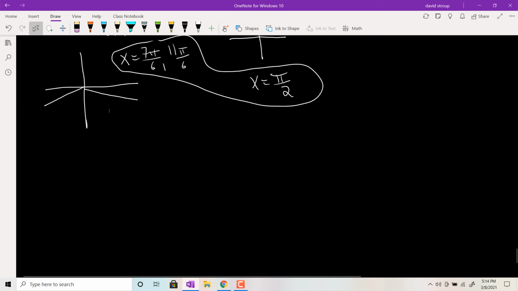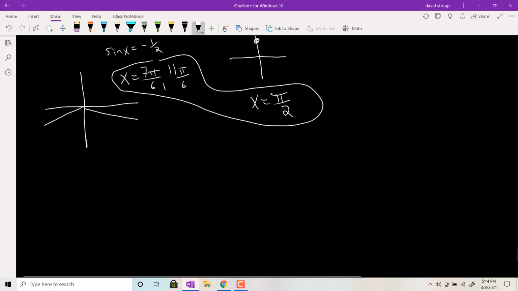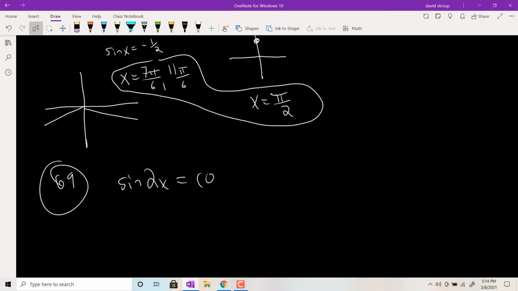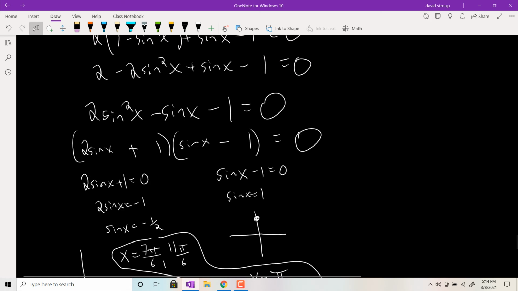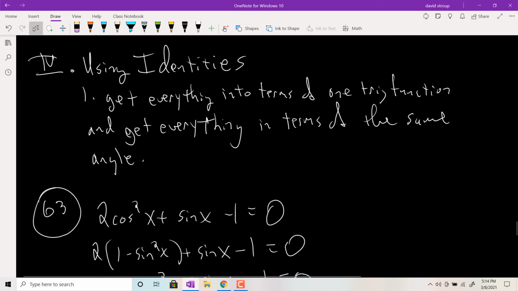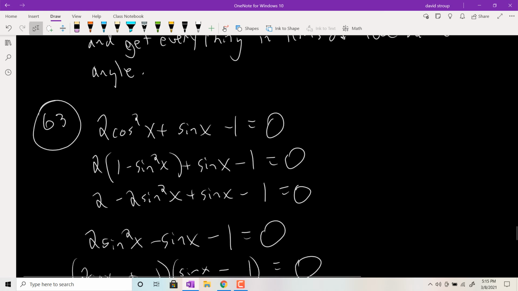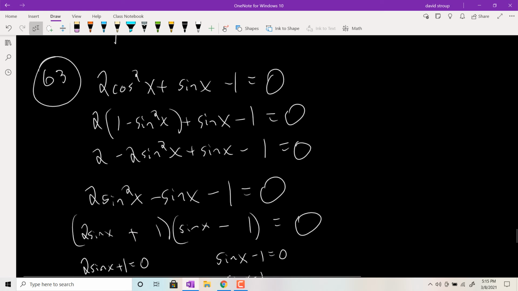Good. Let's look at another one. So we have sine of 2x equals cosine of x. When I was first talking, I said get everything in terms of one trig function and get everything in terms of the same angle. Sometimes you can do one, but you can't do the other, and vice versa. In the first problem, the issue wasn't that the angles were different, right?